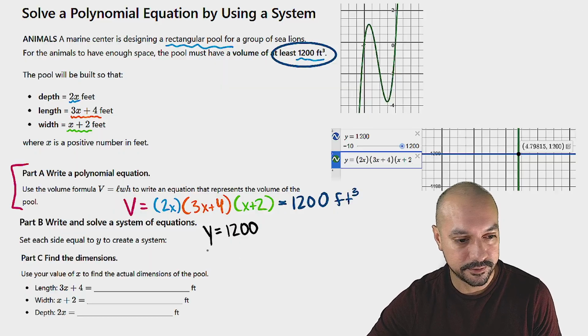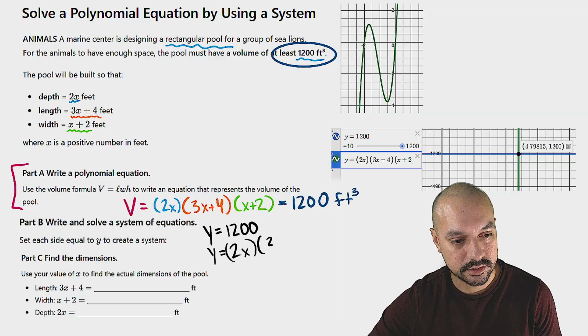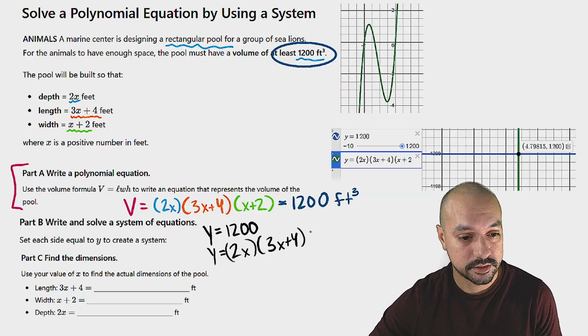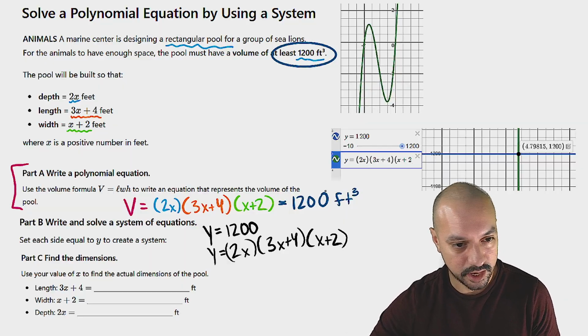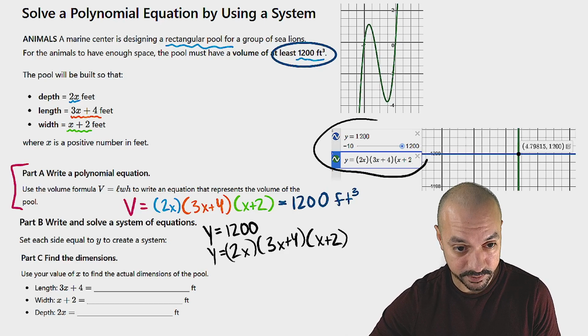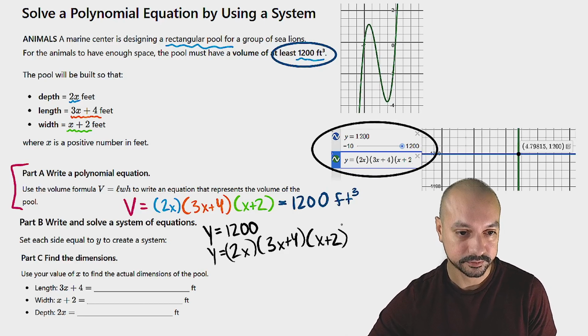And the other function is going to be the polynomial: y equals 2x times 3x plus 4 times x plus 2. And then I'm going to go over to Desmos and type that into my graphing calculator.